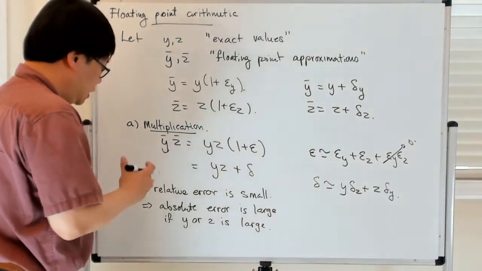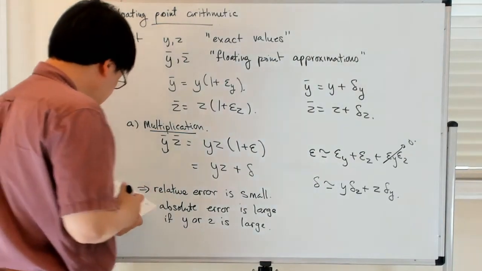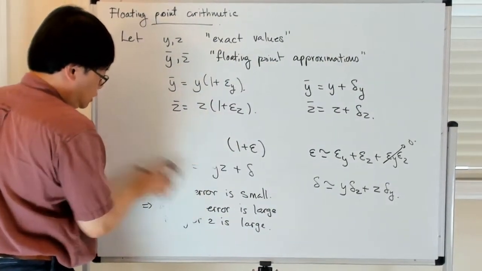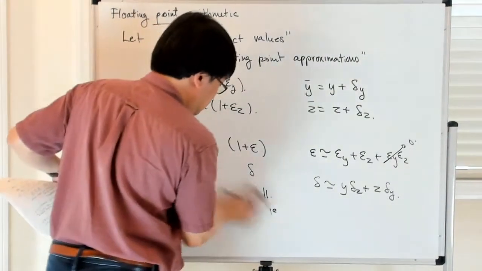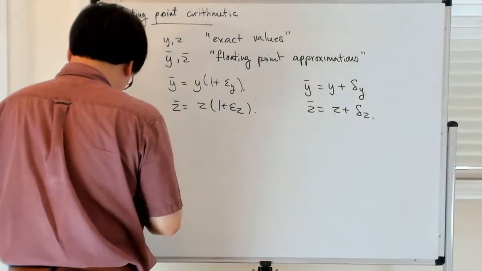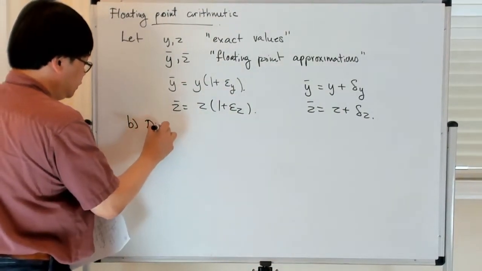So let's now look at what happens with division and then addition and subtraction. Okay, so B is division.